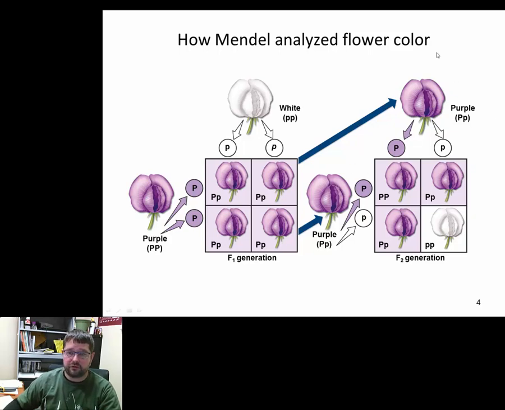And then you can cross those dominant individuals, those F1 generation individuals, and you'll see the recessive return. That's all it is when it comes to flower color, and when it comes to different traits that you see in humans that are recessive or dominant, like the ability to roll your tongue, the ability to bend your thumb at a 90-degree angle, which sometimes we call a hitchhiker's thumb, or whether or not your pinky bends in.